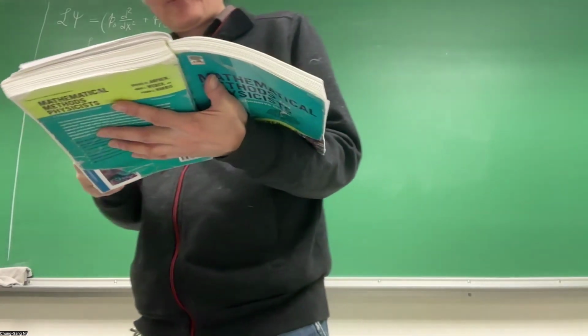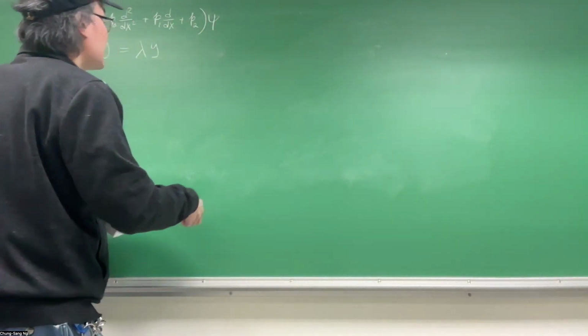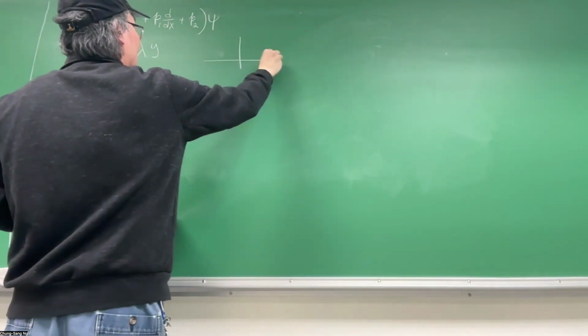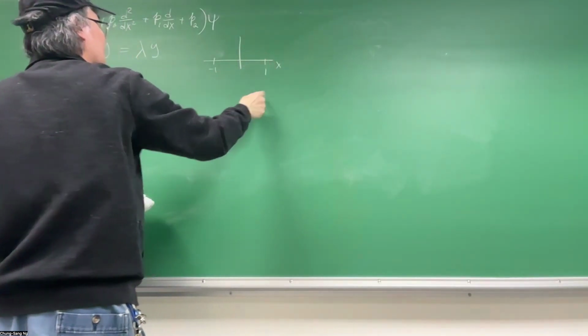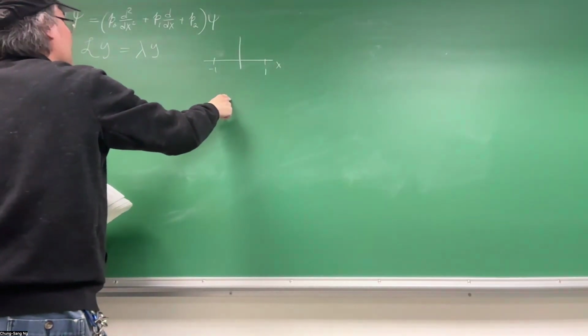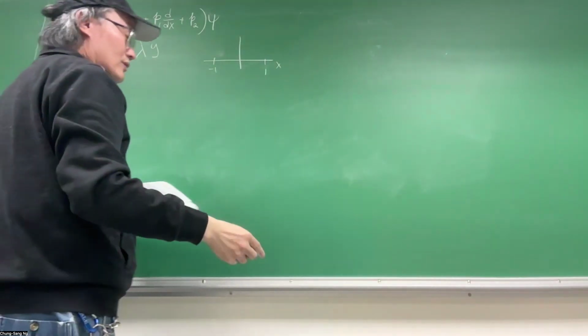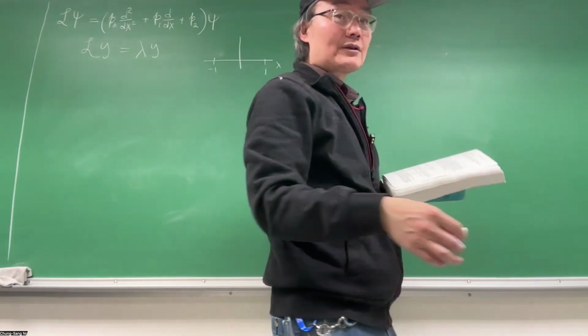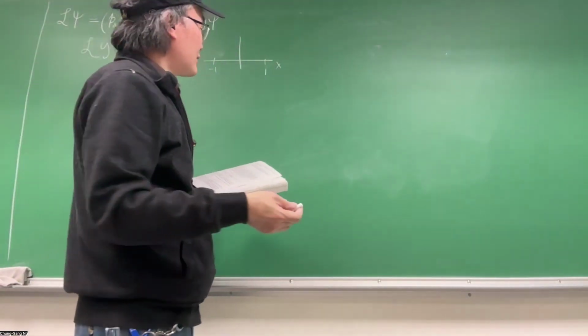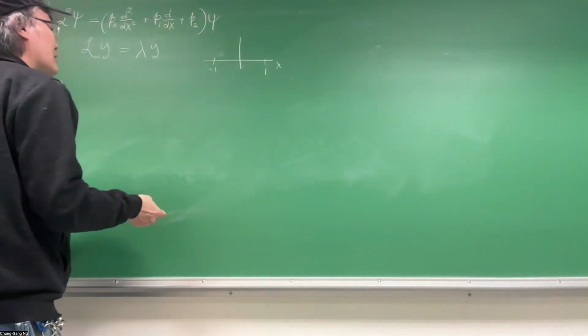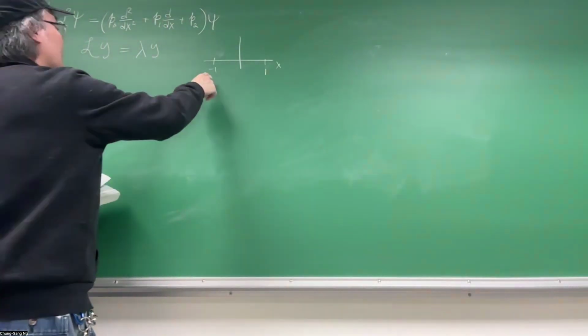8.3.1 is the Legendre polynomial, defined over the domain -1 to 1. We try to solve the differential equation using the series solution that we learned how to do, and then we test for convergence.